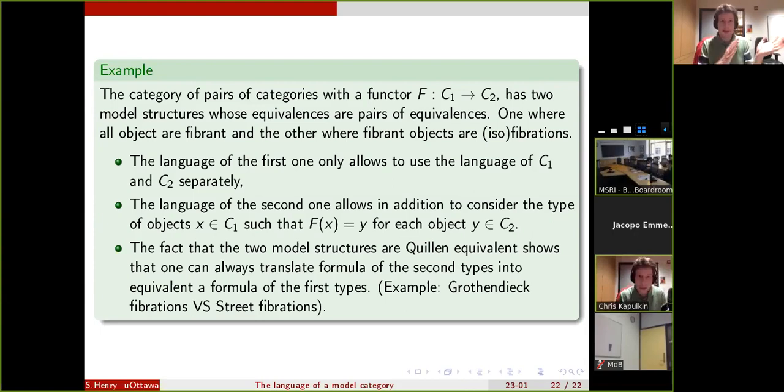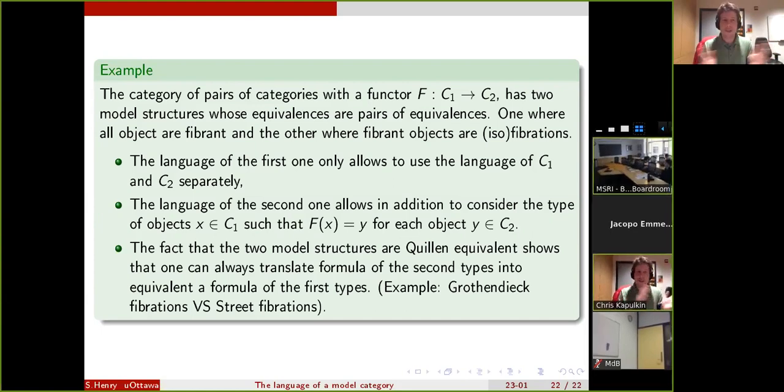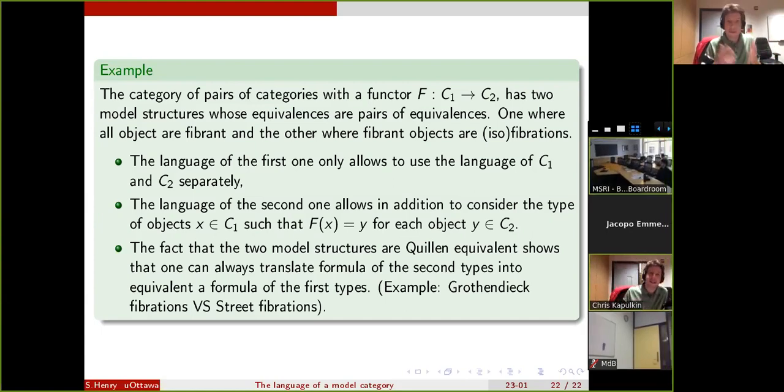I'm wondering which way the potential applications of this language should go. Like in classical topos theory, maybe you can show that two toposes are equivalent if they classify the same theory. That's, I think, the biggest application of classifying toposes.